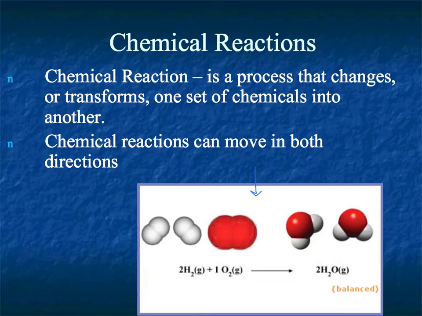And in this reaction, you have two hydrogen molecules, so a hydrogen bonded to another hydrogen, and one oxygen. And this oxygen is bound to another, and it's actually doubly bonded.